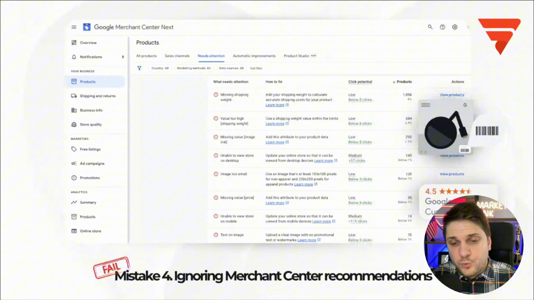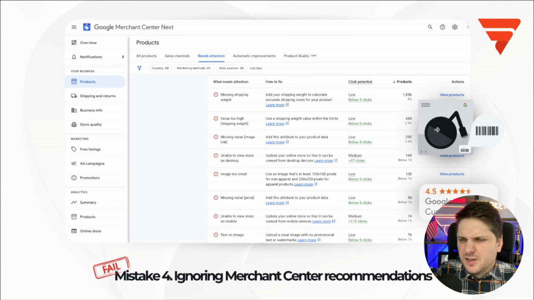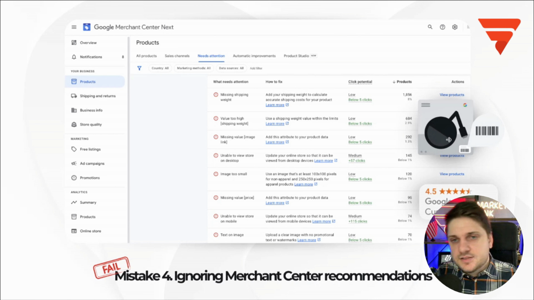Also, one important mistake is ignoring Google Merchant Center recommendations. For example, one of our clients in 2021, when Shopping had just started, there were no PMax campaigns, and the MPN parameter was only a recommendation. But we insisted that a couple of clients test it, and one client added all these parameters to his whole product range.